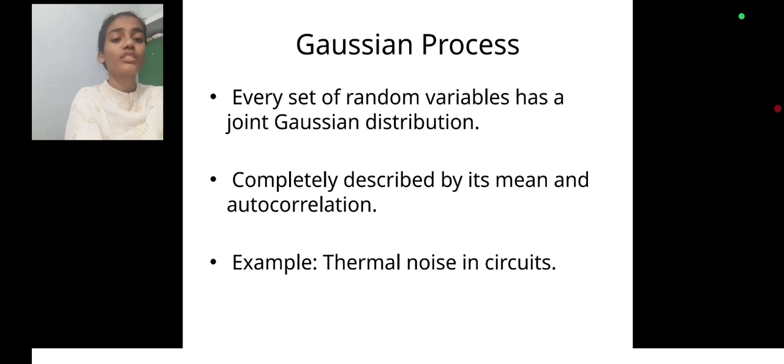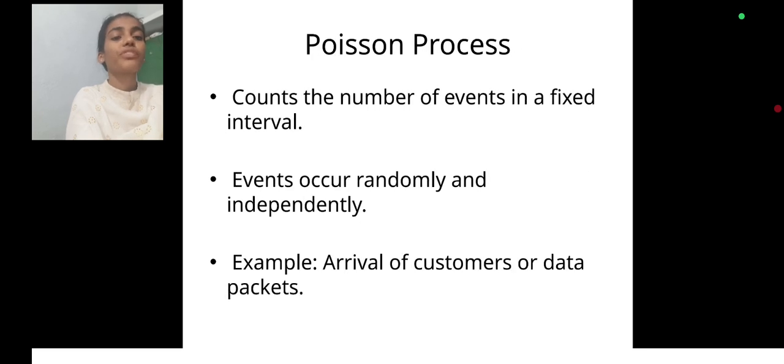An example is thermal noise in circuits. Poisson processes count the number of events in a fixed interval. Events occur randomly and independently. An example is the arrival of customers or data packets.